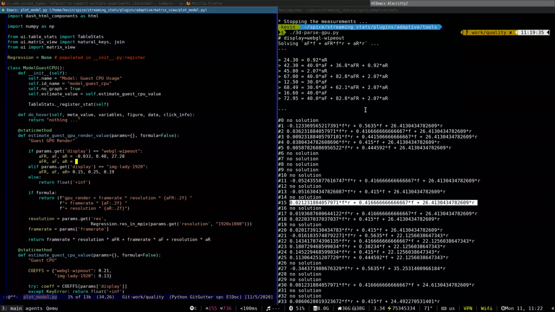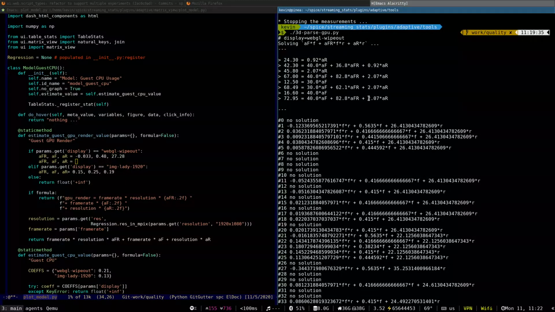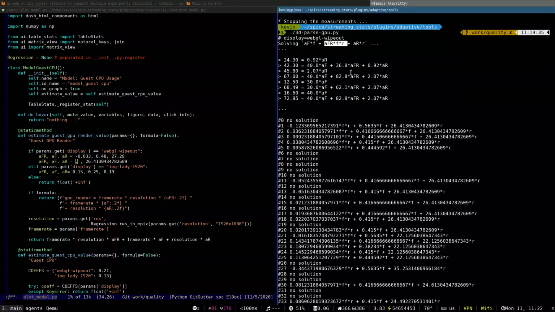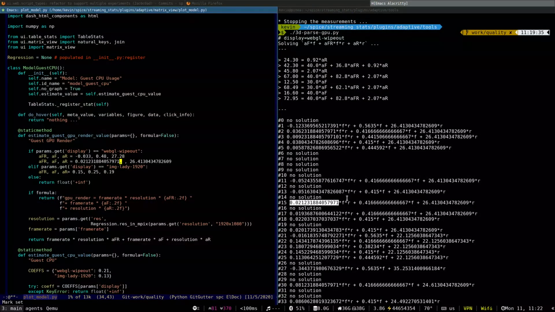AR is the one multiplying R. So this. AF is the one multiplying F and R. And the last one is here.